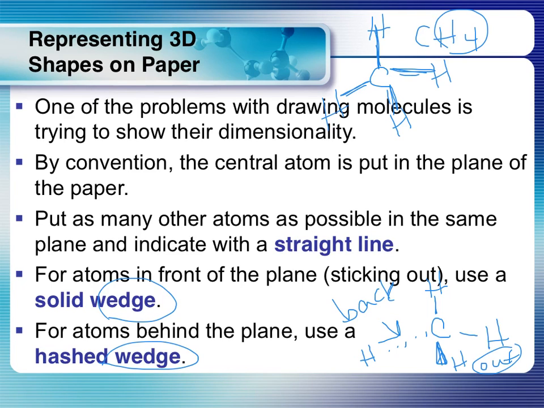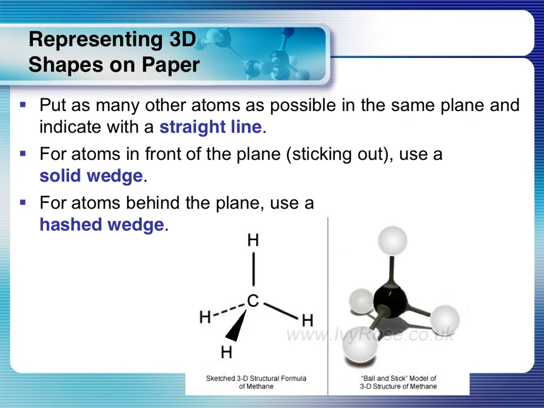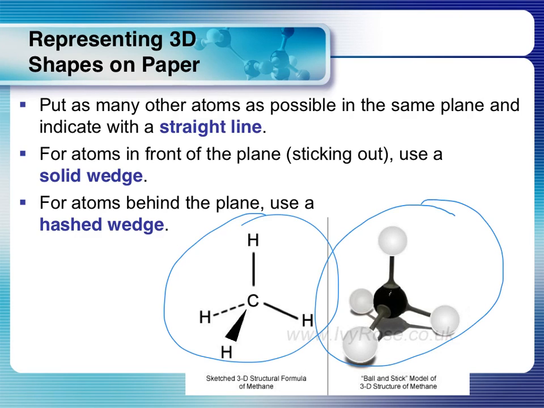Okay? So just so you know what that convention is if you see it. Oh yeah, much better. I forgot I had this. So if you were to make a molecular model of methane, CH4, it would look like this, and this is how chemists would represent it.